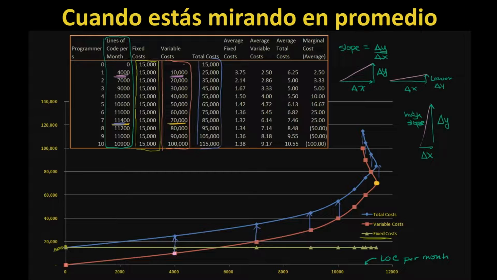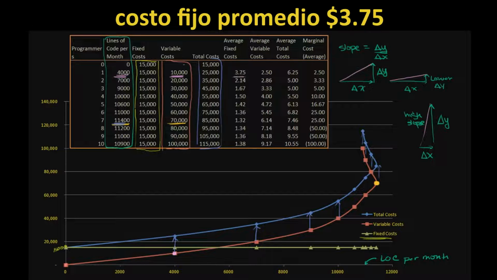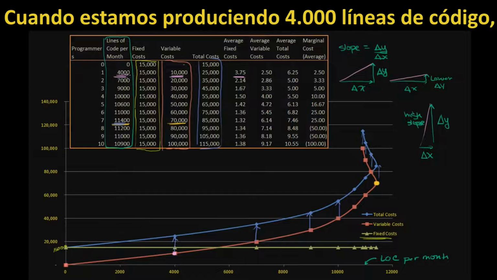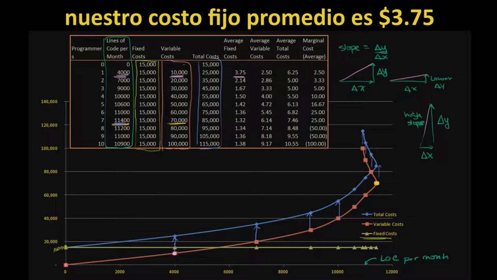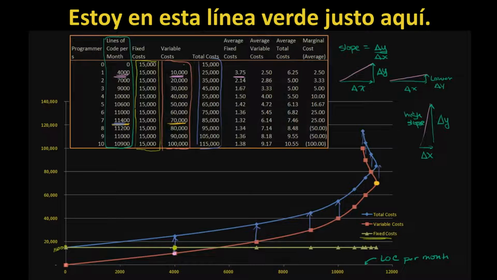So when you're looking at average, if we look at this point right over here, average fixed cost, $3.75. What that means is, when we're producing 4,000 lines of code, our average fixed cost is $3.75. So I'm on the green line right over here.